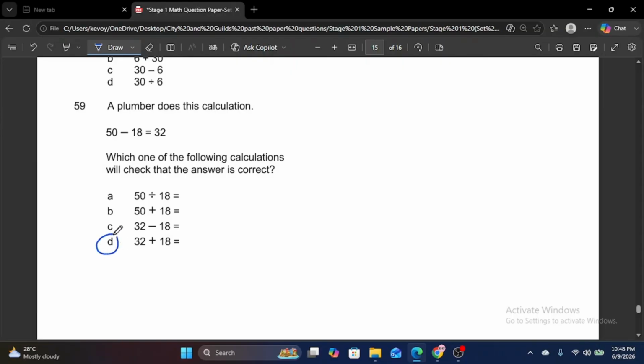So D. If he subtracts 18 from 50 and gets 32, that means that if he has 32 and adds the 18 that he subtracted, he should be able to get back that 50. If not, something is wrong. So that's the answer right there.